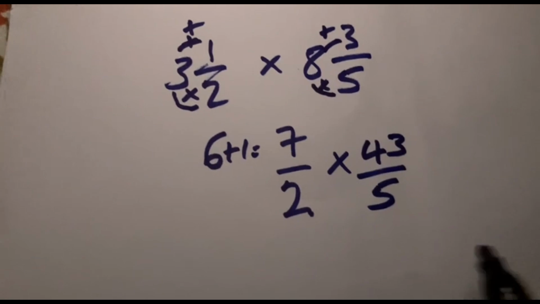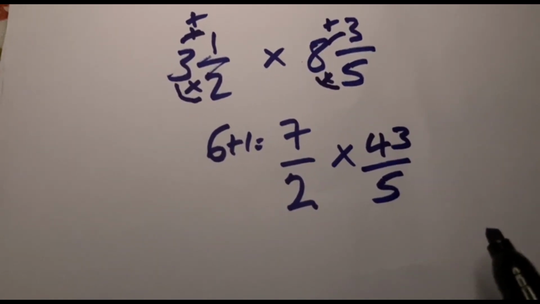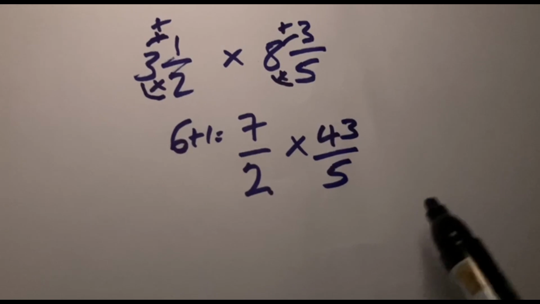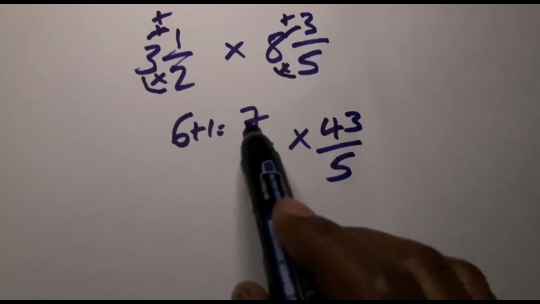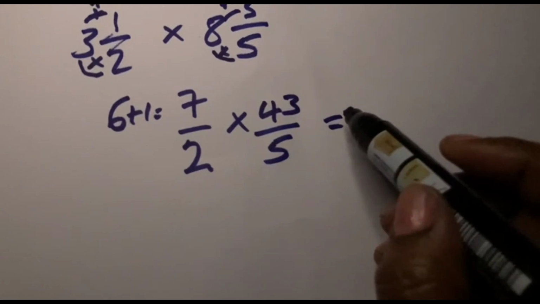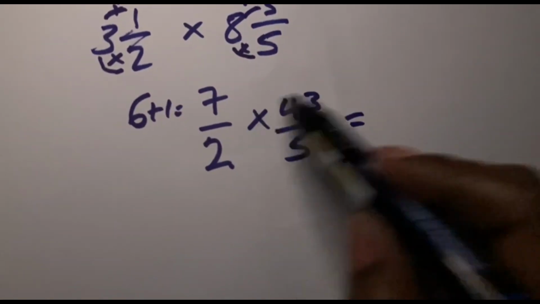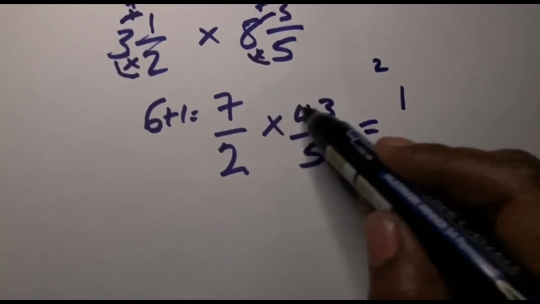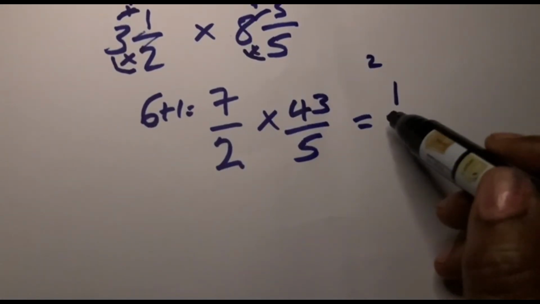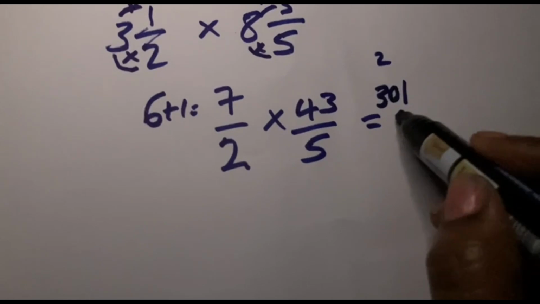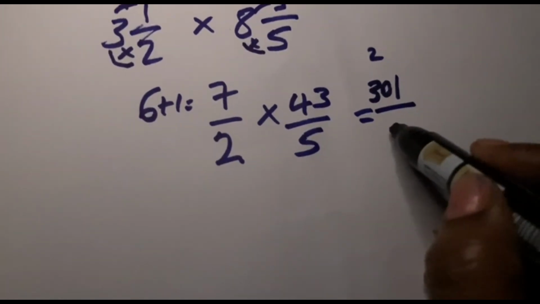So 7 over 2 times 43 over 5. Is there any common factor between 7 and 2? No. 7 and 5? No. 2 and 43? No. So we go straight ahead. We multiply 7 times 43: 7 times 3 is 21, we have 2. 7 times 4 is 28, plus 2 is 30. This is 301 over 2 times 5, which is 10.